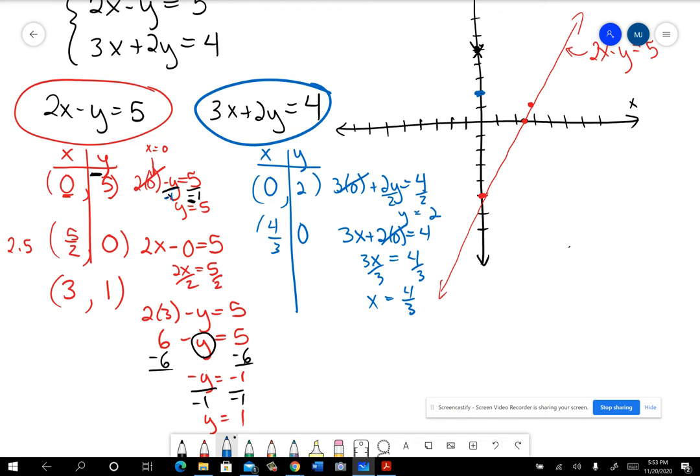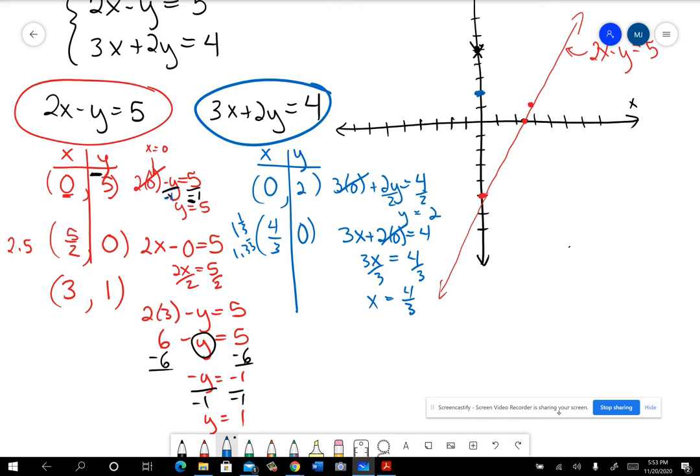Okay. If you change that into a mixed number, don't forget that's not 1 point. That's 1 and a third, or 1.33 keeps going if you change it to a decimal. I didn't like that one so much because of the fraction, but I can still use it to check whether my points are okay or not.